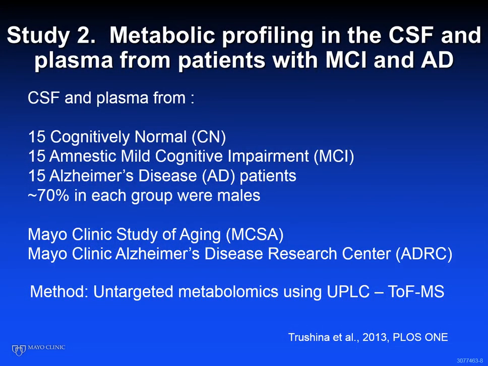So the second study was designed to confirm our observations in humans. Working at Mayo Clinic, I have access to Alzheimer's Disease Research Center collection of human CSF and plasma, and we conducted a pilot study where CSF and plasma from the same individuals who are cognitively normal or have mild cognitive impairment, which is preclinical stage of Alzheimer's disease, or Alzheimer's disease, with 70% of males in this group, were subjected to non-targeted metabolomic profiling.